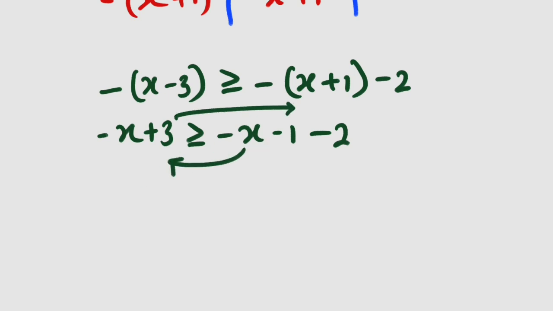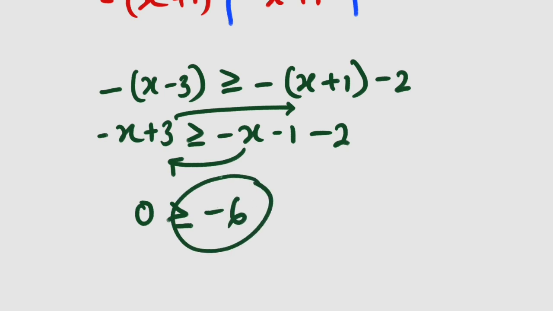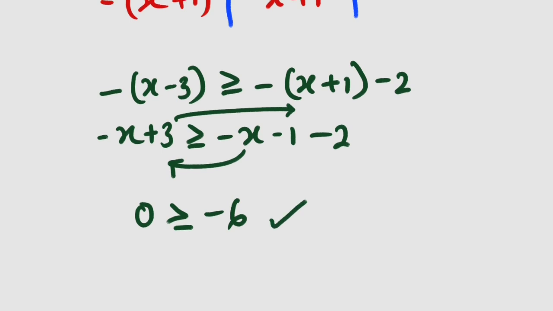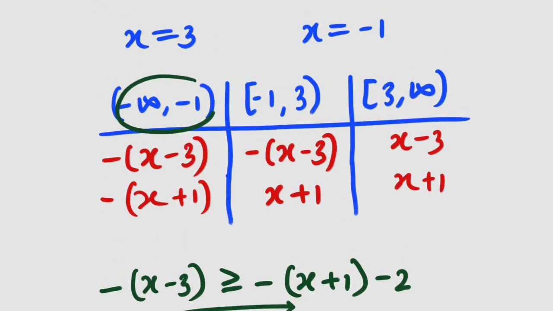As this crosses over, it becomes positive. So we have negative x plus x, which is 0, greater or equal to. The moment you take 3 to the other side, it becomes negative 3. Negative 3, negative 1 gives us negative 4, and negative 4, negative 2 is negative 6. So you can see that 0 is always greater or equal to negative 6. This statement is true. So it means that x belongs to the set of real numbers from negative infinity down to negative 1. So x belongs to the set of real numbers here.